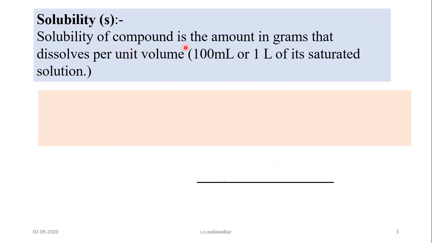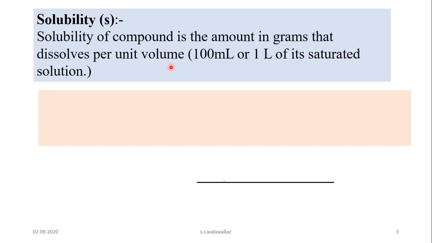Solubility of a compound is the maximum amount in grams that dissolves per unit volume. Suppose there is 1 decimeter cube of water, or 1 liter of water, and this 1 liter of water can dissolve 360 grams of sodium chloride to form a saturated solution.